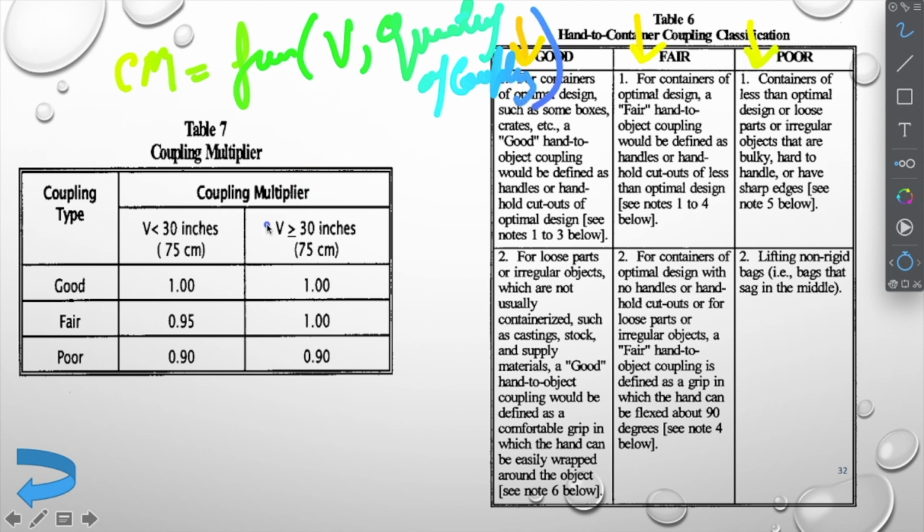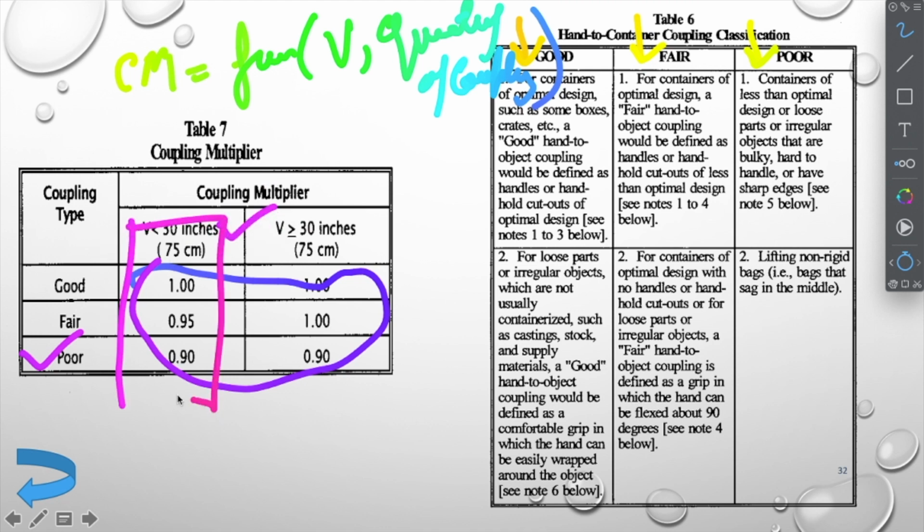So this way we can pick up the multiplier value out of these values. If coupling is poor and vertical distance is less than 75, then we have to see this particular point and the coupling multiplier will be 0.90.